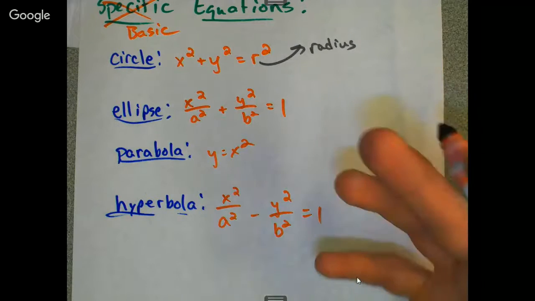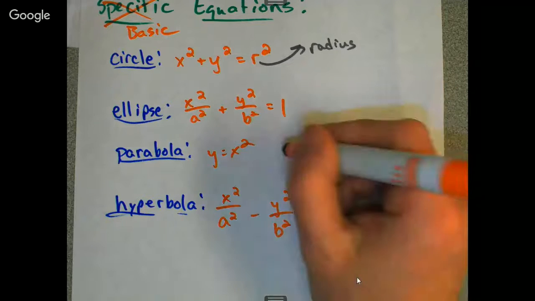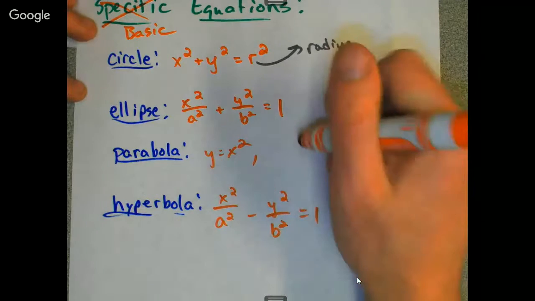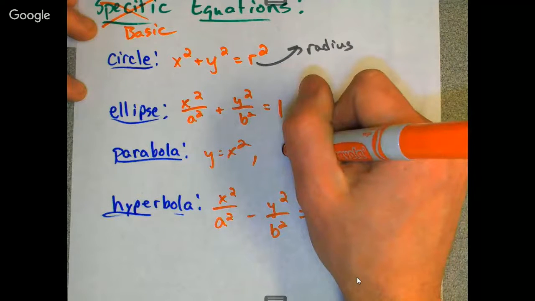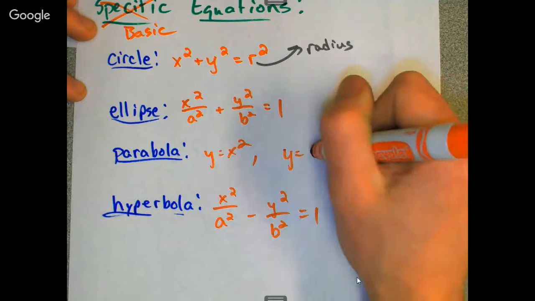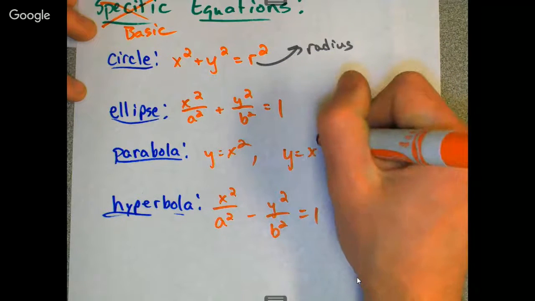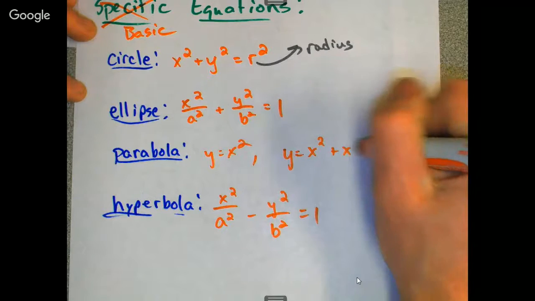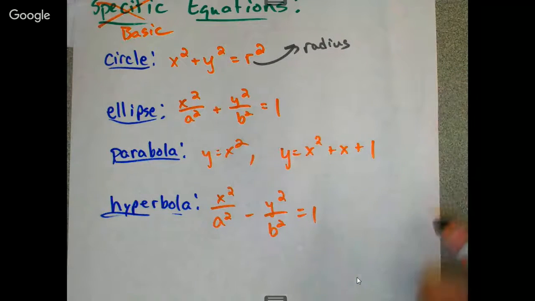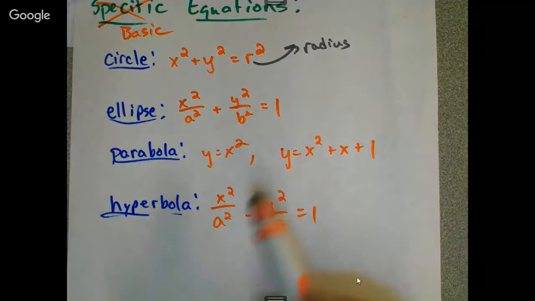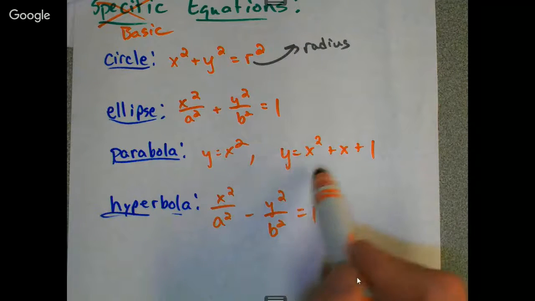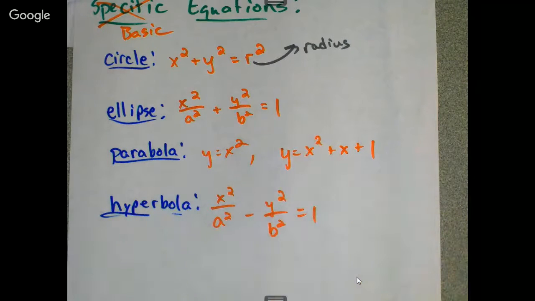If we wanted to get more letters in there, we might have y equals x squared plus x plus 1. I mean, that could be a parabola. It could have x's and y's. Those could be together. It just can't have it. It can only have the x being squared. Okay.